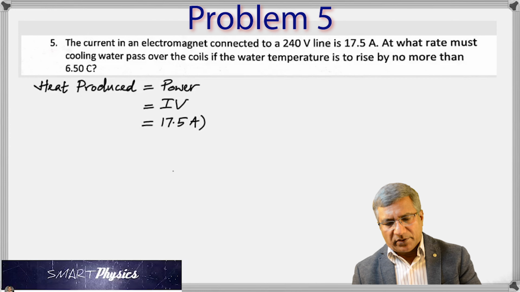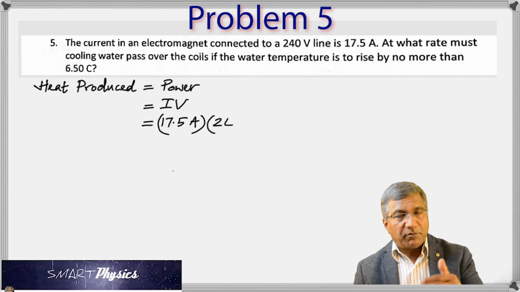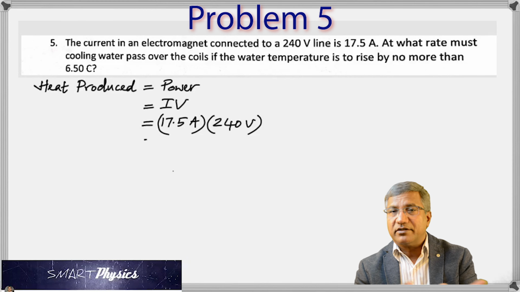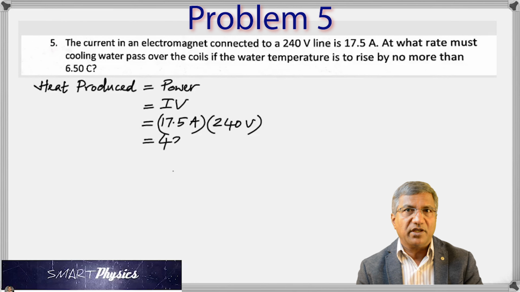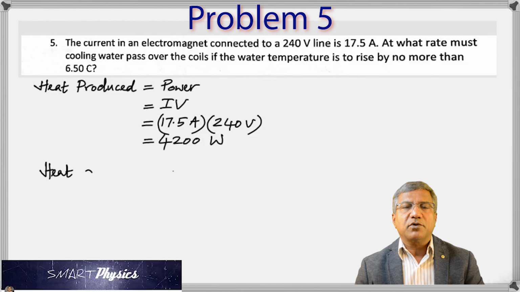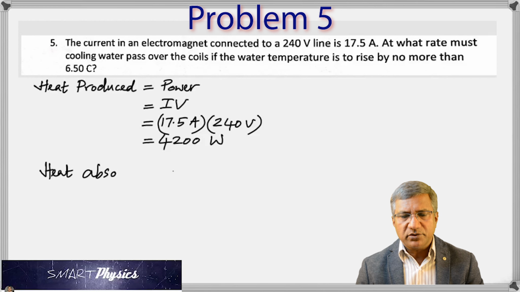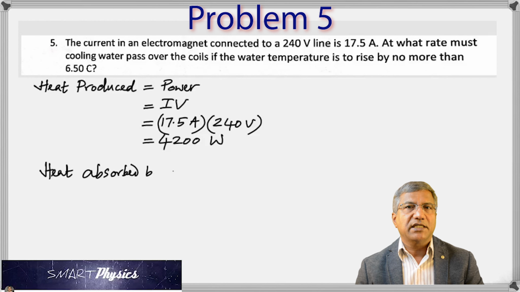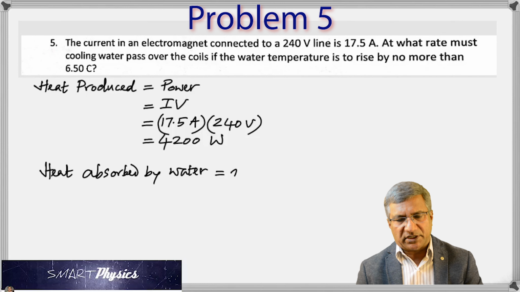But I've used current times voltage here, which is the same thing. So I got 4,200 watts as the heat produced. That's the heat produced per second, because 1 watt is 1 joule per second.